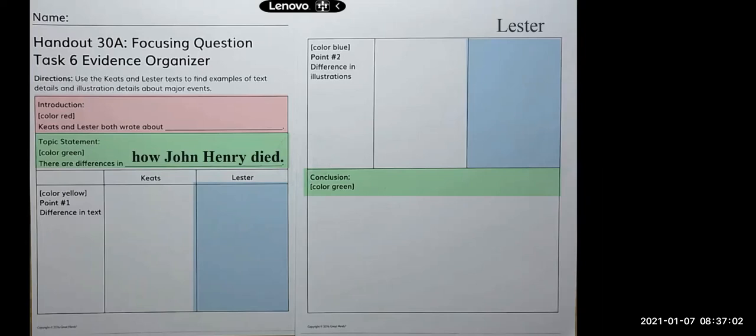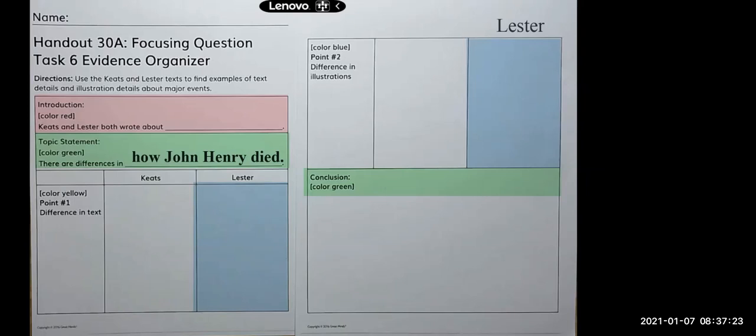Okay, so the first thing we need to do is talk about the topic statement. Both Keats and Lester wrote about what? What were both of these books about? Well, they were both about John Henry.